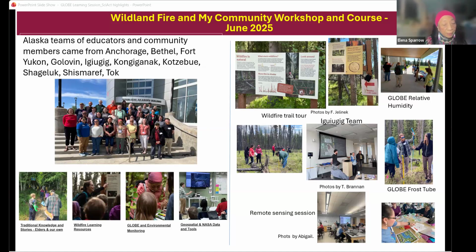There are 4 themes that we incorporate in the workshop: the traditional knowledge and ways, the wildfire learning resources, GLOBE and environmental monitoring, and geospatial and NASA data and tools. We always have an elder, and also the elders that come with the teams of educators, formal and informal.